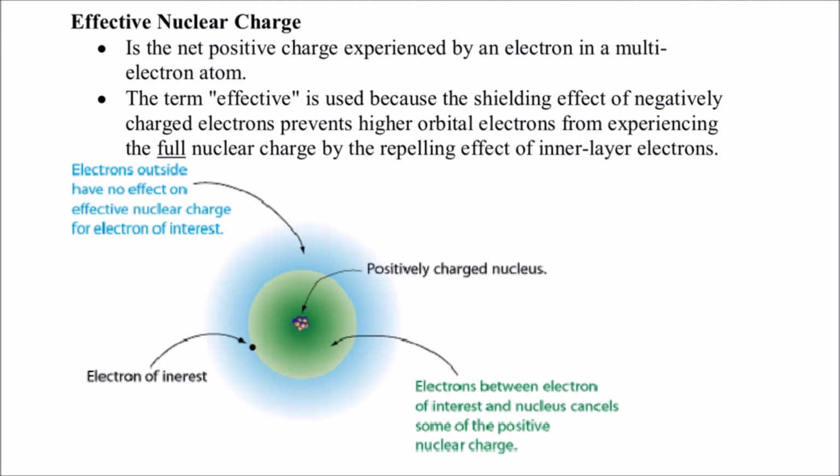So they can't shield this electron because they're not between this electron and the nucleus. Now, these electrons here in the green area can shield the electron that we care about from some of the positive charge of the nucleus because they're between the electron we care about and the nucleus.